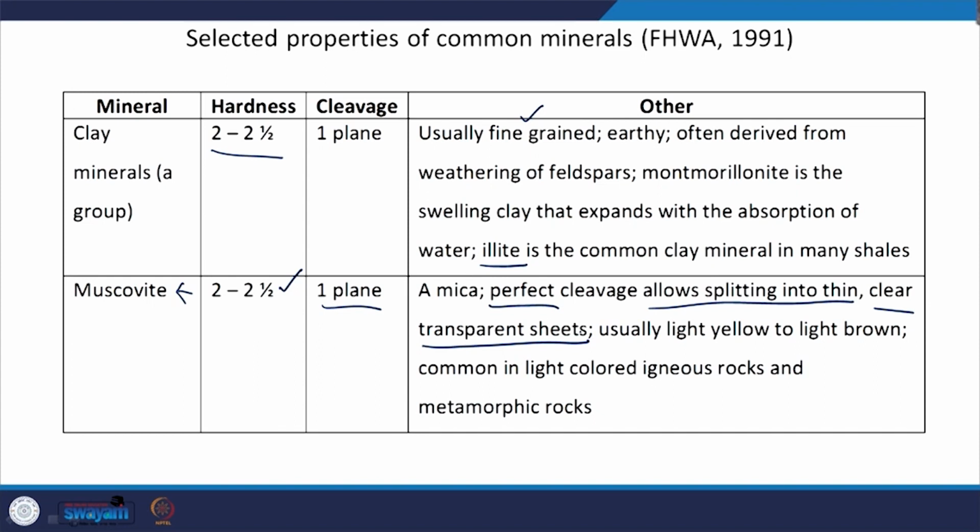Keep that in mind, because this is one of the significant characteristics of muscovite. This is usually light yellow to light brown, and this mineral is quite common in light colored igneous rocks and metamorphic rocks.